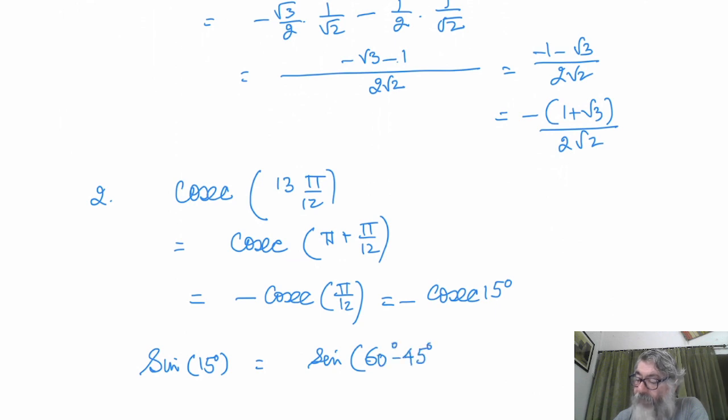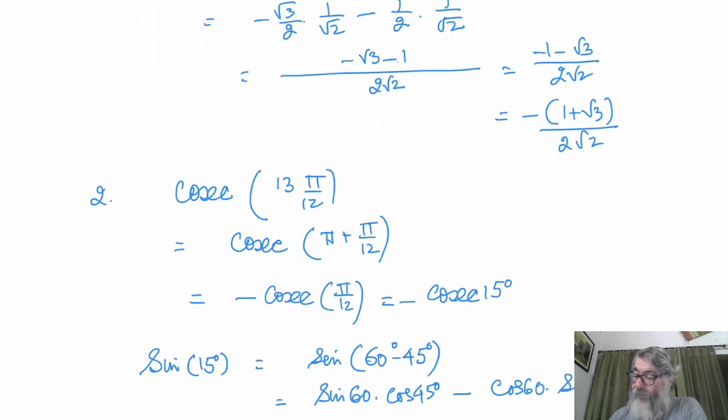Sine 60 degree minus 45 degree will become sine A cos B, and whatever the sign is will remain the same, minus cos A sine B. What is the value of sine 60? Root 3 upon 2, 1 upon root 2, minus cos 60 is 1 upon 2 and 1 upon root 2.